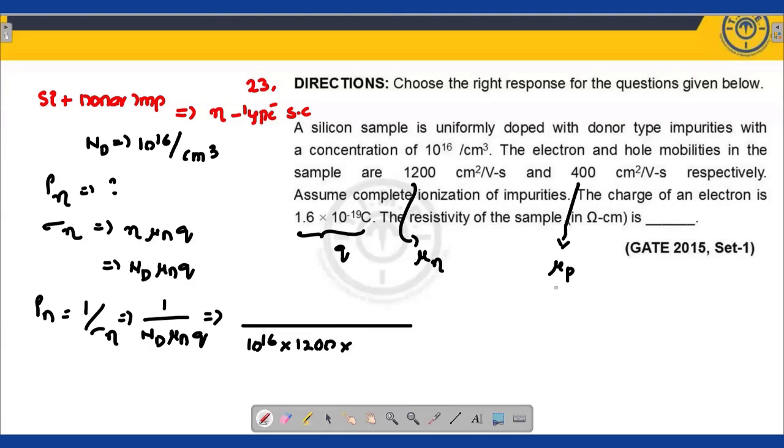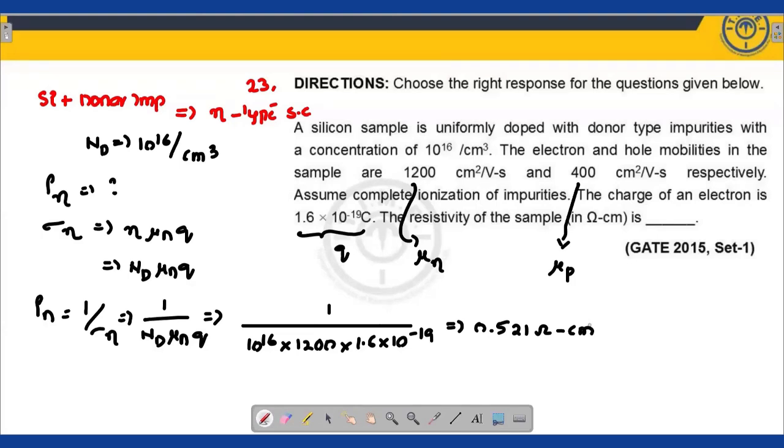The mobility of holes is not required. How much resistivity you are getting is 0.521 ohm centimeter. You are getting this particular value over here.